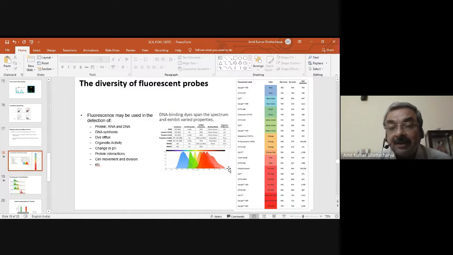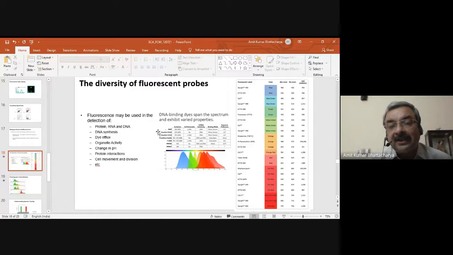This is important for live cells, because when you compare DAPI with DRAQ5, to excite DAPI you have to use UV wavelengths which are toxic to live cells, and DRAQ5 you excite with red wavelengths which are very safe. The longer the wavelength, the safer it is.